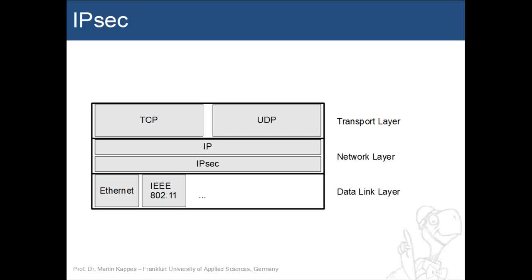In general, IPsec offers security services on the IP layer and works with IPv4 as well as with the new IPv6 protocol, which is likely going to replace IPv4 in the midterm.